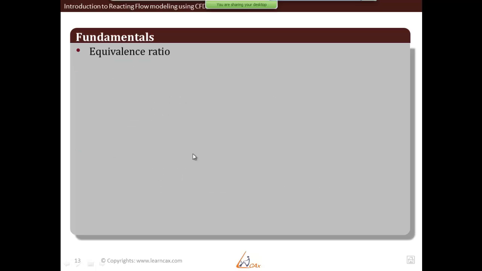Coming to another term, which is known as equivalence ratio. Equivalence ratio comes from the stoichiometric concept, which means air to fuel ratio. So equivalence ratio is defined as the air to fuel ratio in a stoichiometric balanced reaction divided by the air to fuel ratio which is actually present.